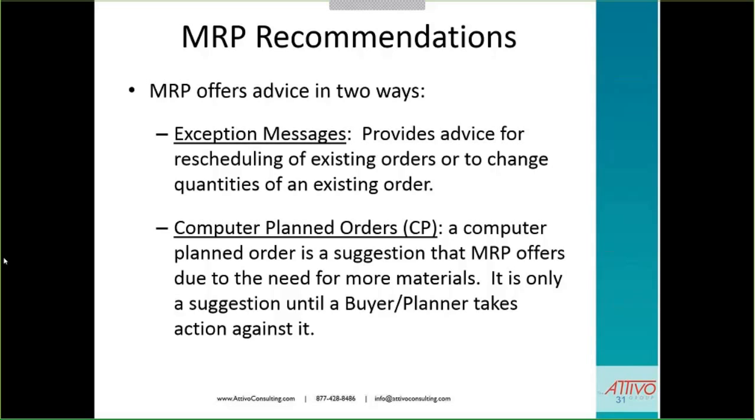The order has too many, or there's too many orders. It's giving you a message about specific orders, and it could be saying this about a number of orders. So it's basically higher than needed, and if it's appropriate, you need to reduce the order quantity that's in the system as it exists.